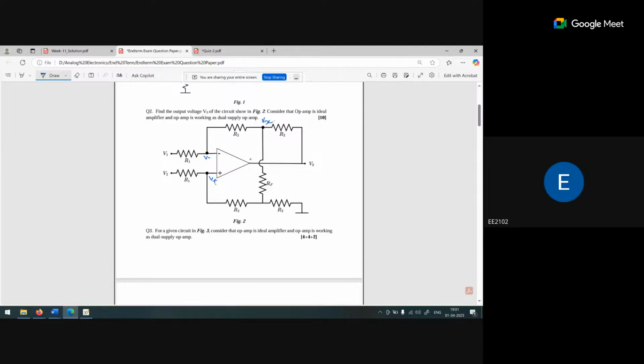In week 7 we have done this question. If you remember, after R2 there is one R3 connected between the V out and this particular node, and then R4 is connected with the Vx and grounded. So a similar type of question is this one.